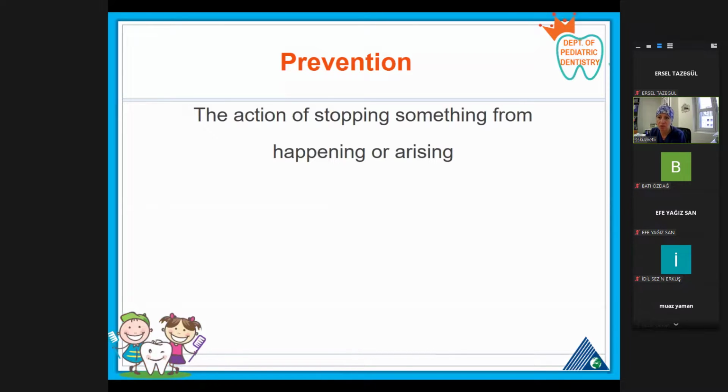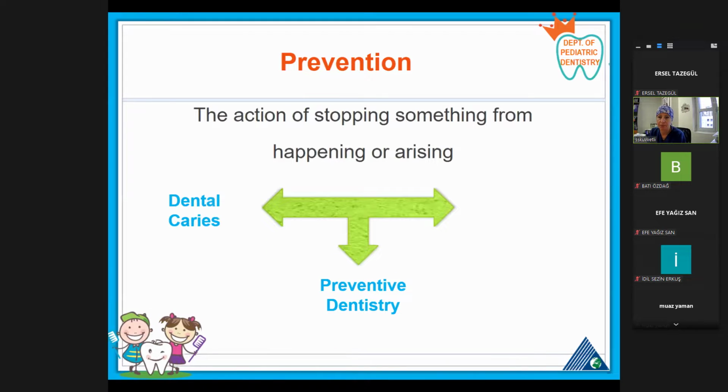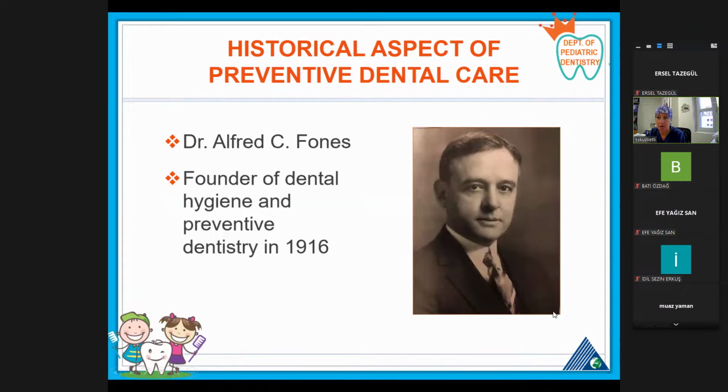But in dentistry, we use prevention for dental caries and periodontal diseases mainly, because these two main diseases are the most prevalent diseases that cause destruction of oral health. That's why we are trying to prevent these two main diseases from happening in individuals.